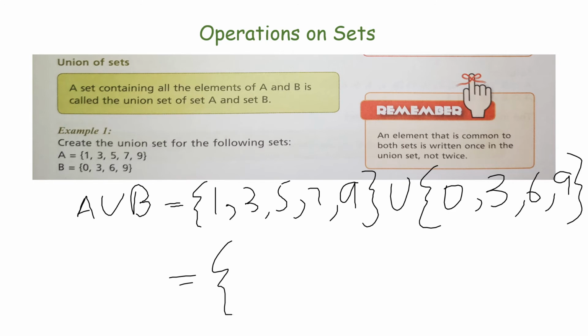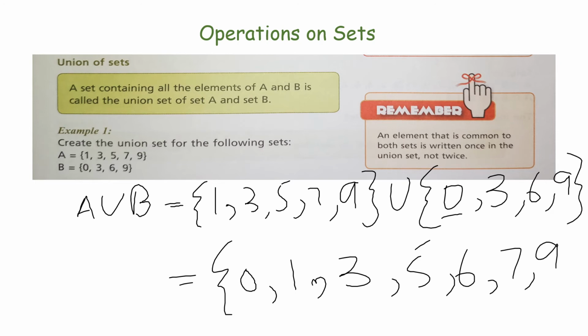If we have to find union, we have to combine all the elements of both sets. So we can write in a sequence. First we will write 0 from here, then we can write 1, then 3, 5, 6, 7 and 9. 3 and 9 are present in both sets, but you have to write 9 and 3 only once, because while writing a set we don't repeat an element.